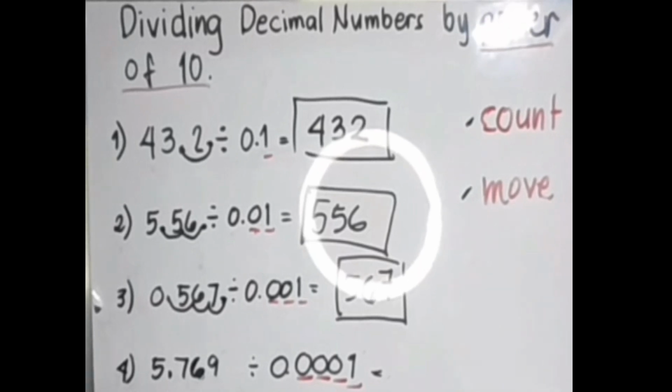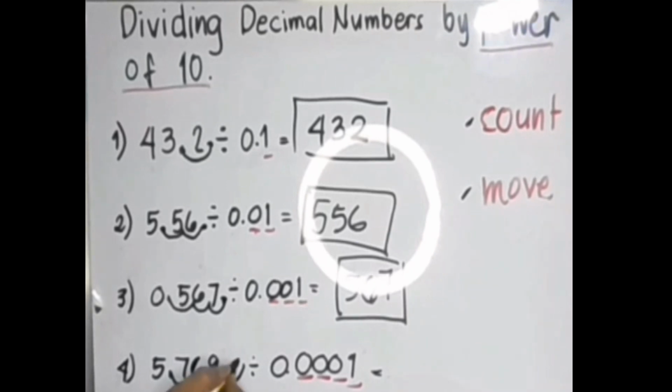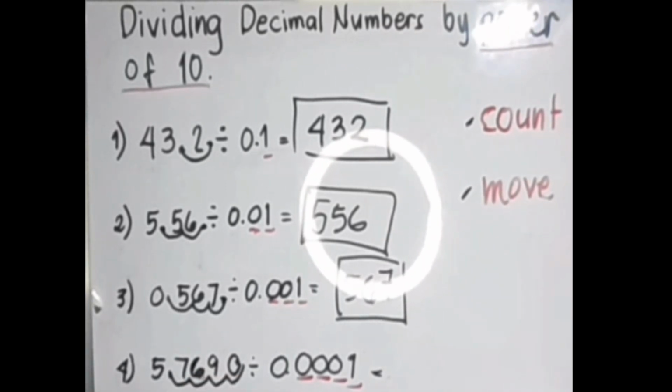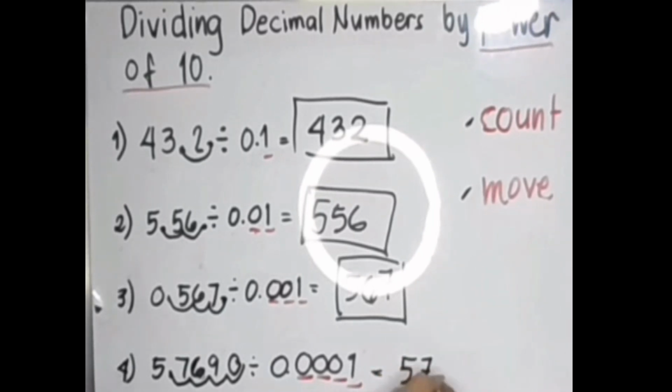I-move nga natin ng 4 na beses. 1, 2, 3, 4. As you see, meron siyang vacant space. Anong gagawin doon? Lalagyan mo siya ng 0. Isang 0 lang kasi isa lang ang vacant space. Malinaw? Okay. Ngayon, ano ang magiging sagot natin? Ang sagot natin ay magiging 57,690.